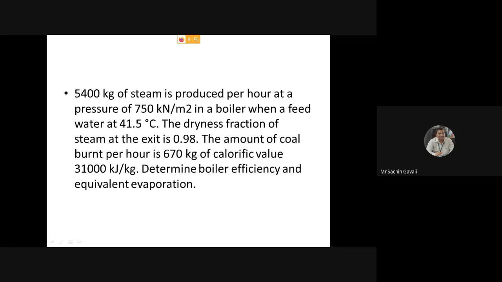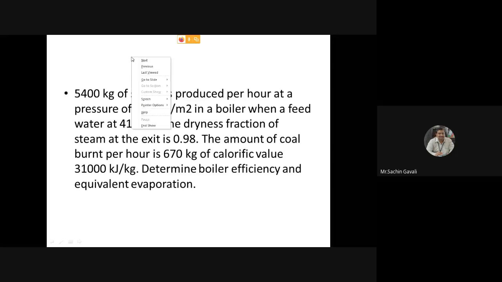Can anybody unmute? It is wet steam. Okay, correct. Wet steam, because the dryness fraction is given. Now here the pressure is given in terms of kilonewton per meter square, so we have to convert it into bar.